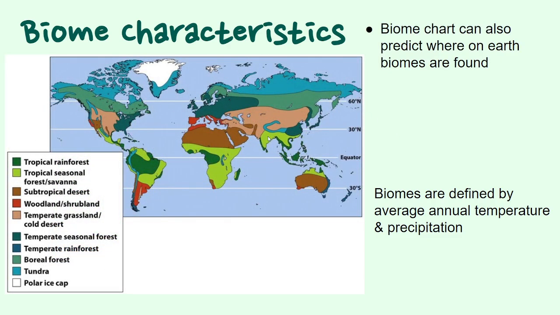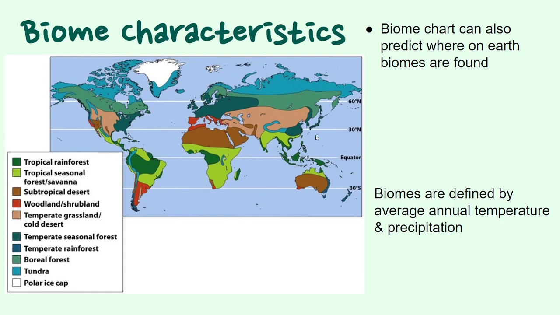As part of our biome project, we're going to be covering all of these different biomes listed here, as well as some of the locations where to find them. But typically, we can take a good guess of the hotter ones being located closer to the equator, right between 30 north and 30 south latitudes, and our cooler ones being found further away.